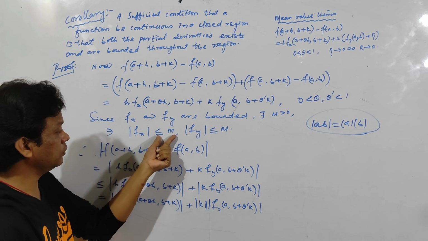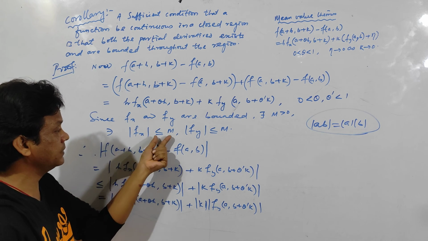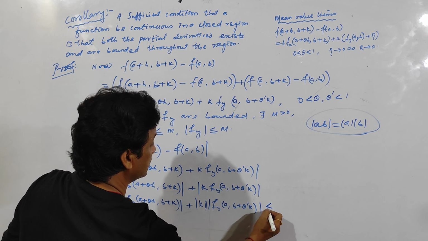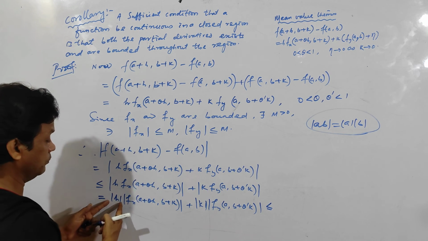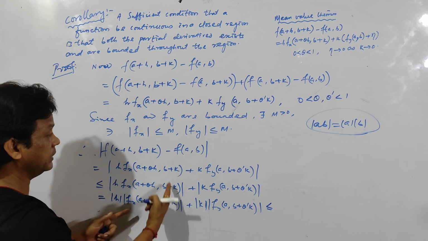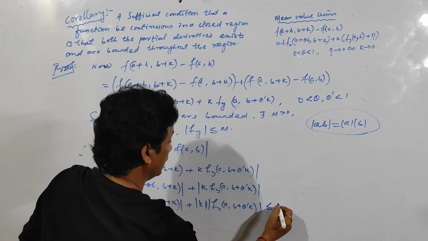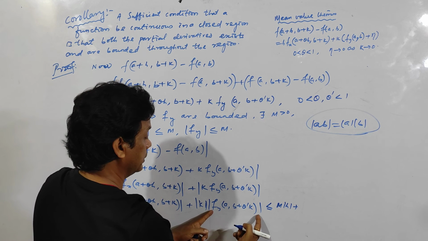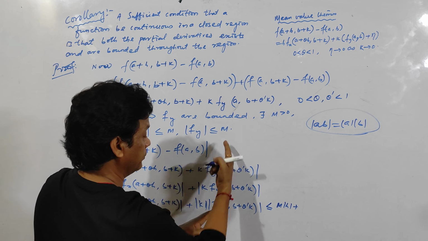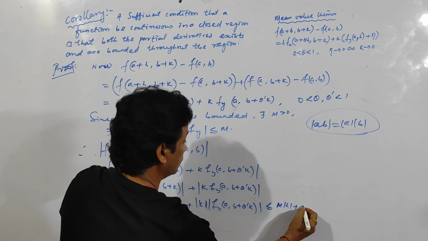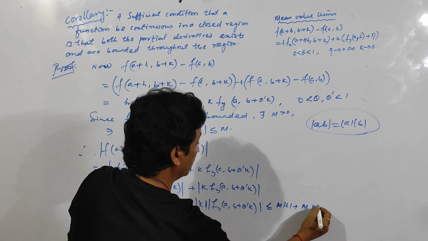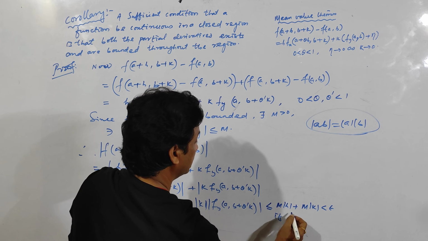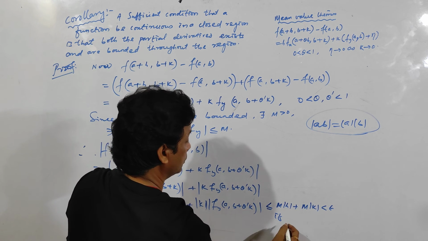And mod of fx is less than or equal to M, mod of fy is less than or equal to M. So this quantity is less than or equal to M into mod h plus M into mod k. And this is less than epsilon if we take M common.